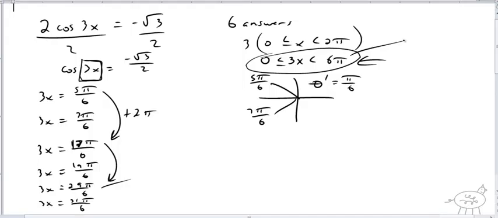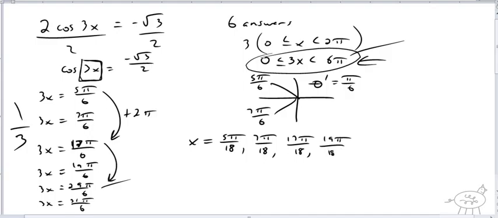All right, so we got our 4 answers, and they're all between 0 and 6 pi, and now I want to multiply everything by 1/3, okay, to solve for x. So I get x is equal to 5 pi over 18. They're all over 18 now. 7 pi over 18, 17 pi over 18, 19 pi over 18, 29 pi over 18, and 31 pi over 18.